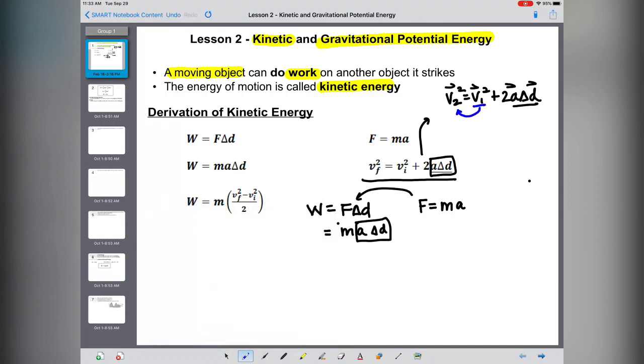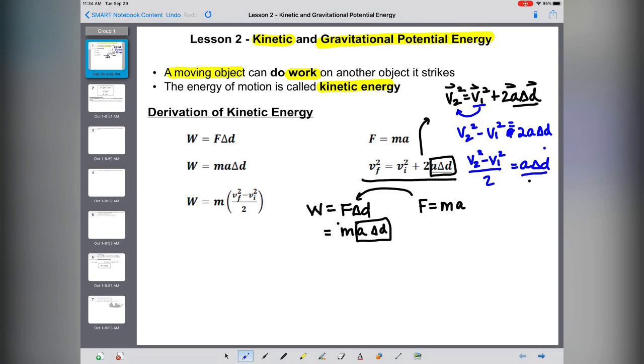Right, so I can bring this over. So this becomes V2 squared minus V1 squared equals 2A delta D. Bring the 2 over by dividing. V2 squared minus V1 squared over 2 equals A times delta D.